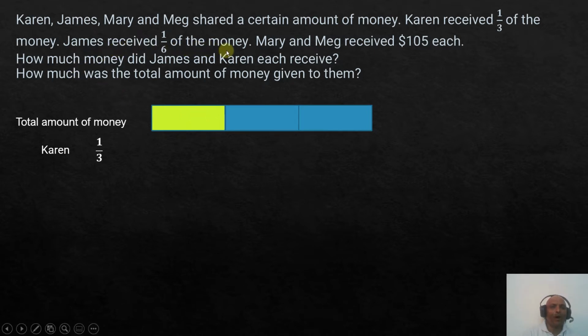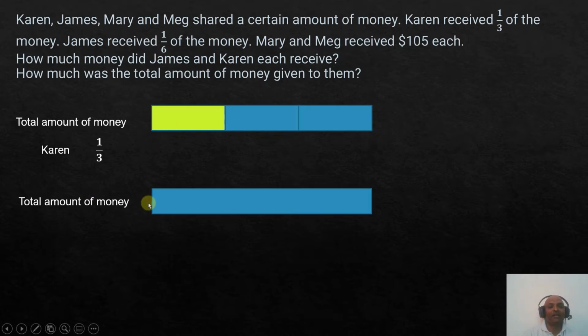James received 1/6 of the money. See, they refer to the money, which actually refers to the total money that they have shared. So if Karen received 1/3 and James received 1/6 of the money, it refers to the same quantity. So again, the total amount of money is our reference, and James received 1/6 of it.